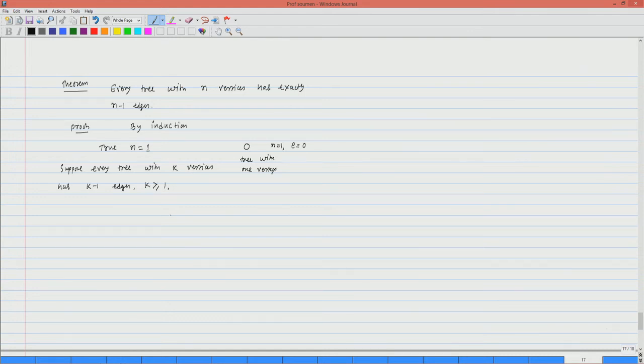So, this is the induction hypothesis, that every tree with k vertices has k minus 1 edges. And let T be a tree with k plus 1 vertices. And then we have to prove that T has k edges.